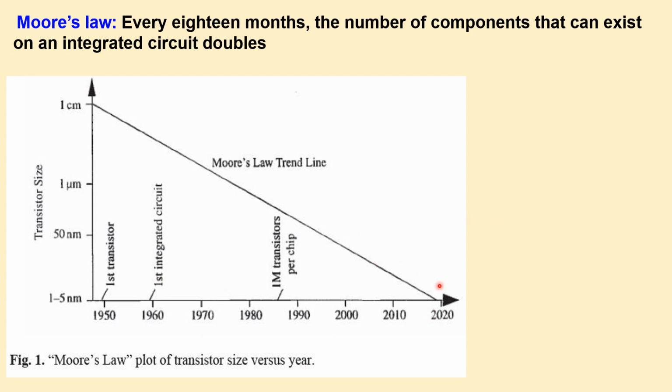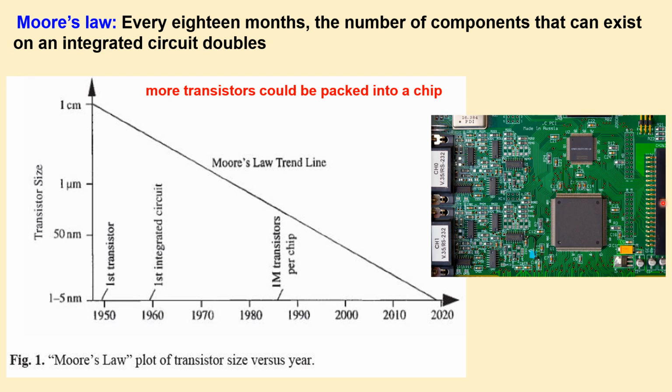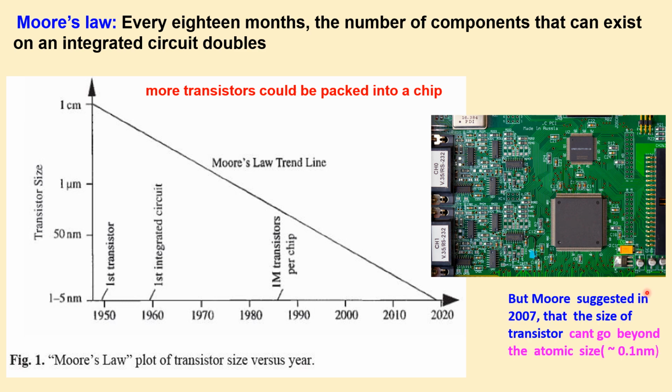And with every year the sizes are going down and down, but now it is getting saturated. And this is how chips are there, and there are millions of transistors on a chip. And Moore suggested in 2007 that the size of the transistor cannot go beyond the atomic size, 0.1 nanometer. So we have not reached this scale till now.